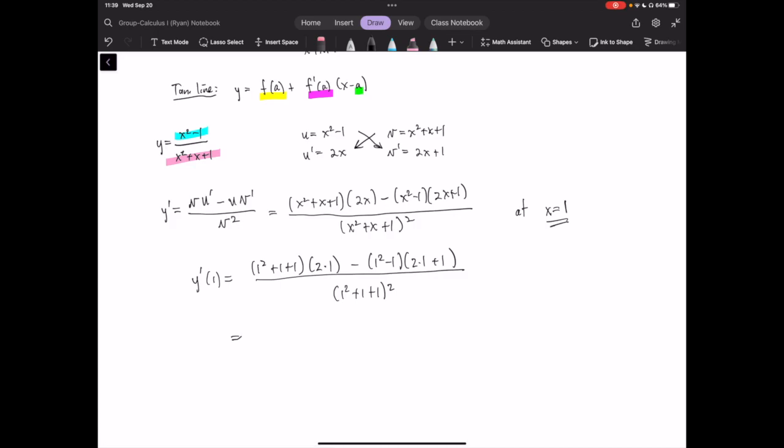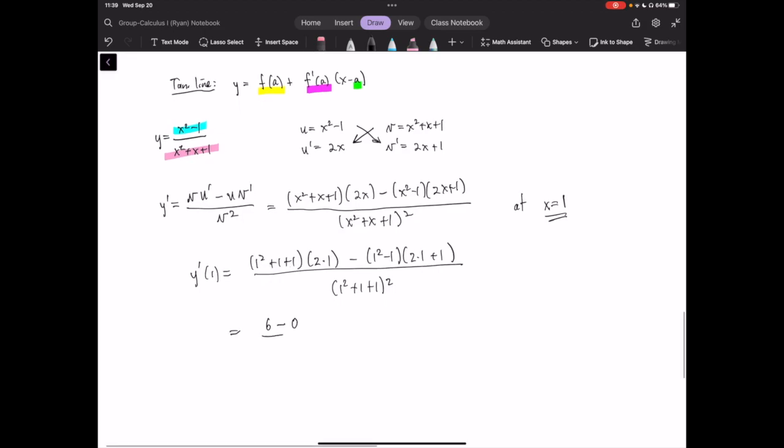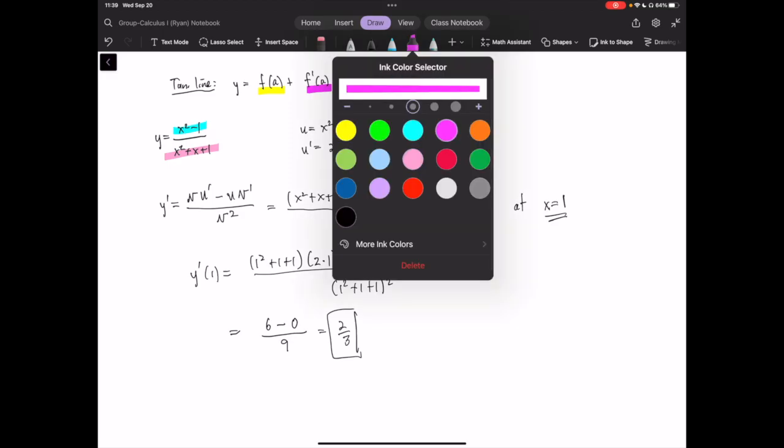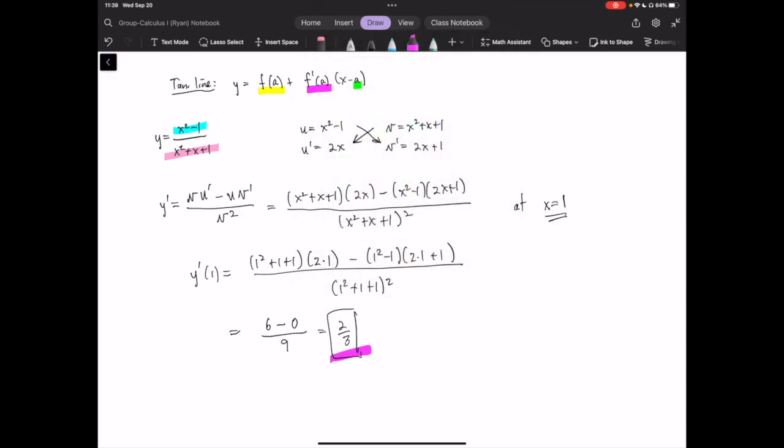If we work this out carefully, we've got 3 times 2, so that's 6, minus 0 times 3, but that's 0, all over 3 squared, which is 9. So a 3 cancels, and the derivative at this point is 2/3. That is the dark pink here, f prime of a.